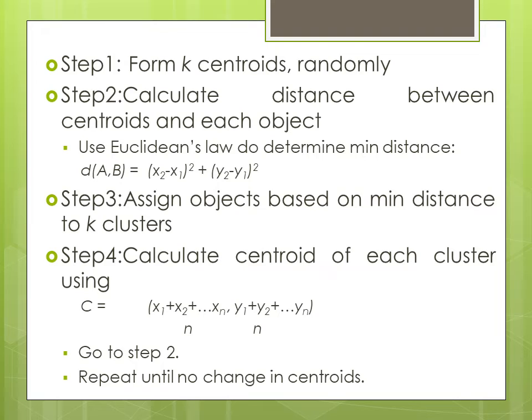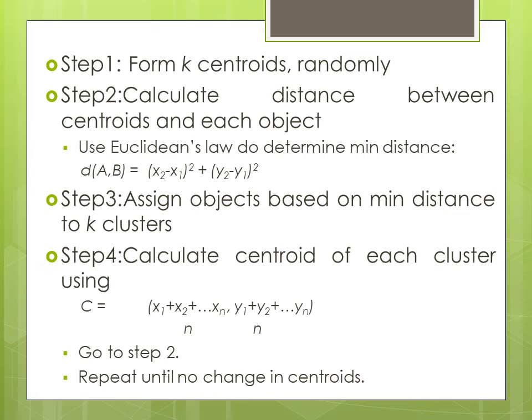For that, you have to use the Euclidean distance formula for calculating the distance between the centroid and the data object. You can see the Euclidean distance on the slide; here I am missing a square root in the formula.